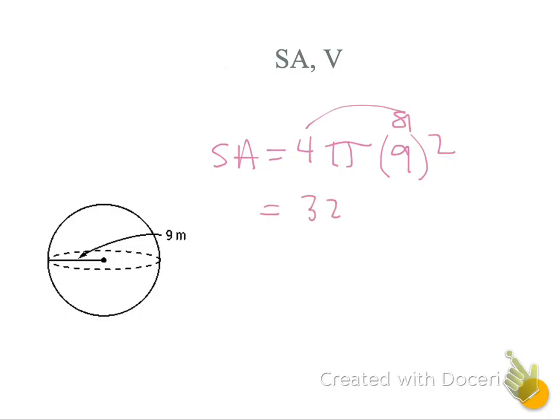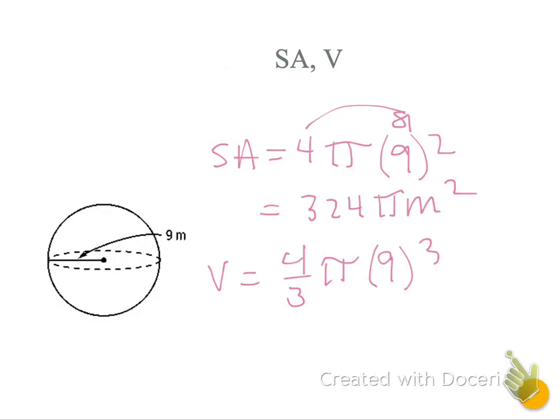So we have 324 pi meters squared. Volume equals 4/3 times pi times your radius of 9 cubed, so 9 to the third is 729. That times 4/3. We have V equals 972 pi meters cubed.